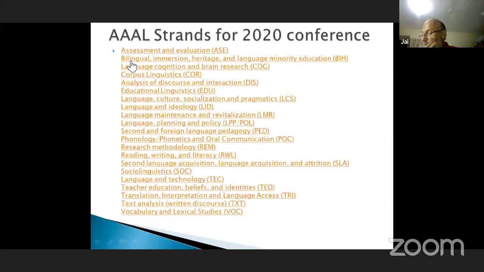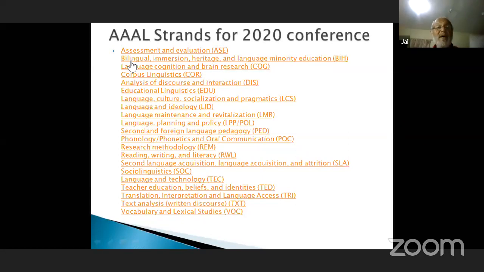And then they have what they call ASE: bilingualism, immersion, heritage, and language minority education; language, cognition and brain research; corpus linguistics; analysis of discourse and interaction; educational linguistics; language, culture, socialization and pragmatics; language and ideology; language maintenance and revitalization; language planning and policy; second and foreign language pedagogy; phonology, phonetics and oral communication; research methodology; reading, writing, and literacy; second language acquisition and attrition; sociolinguistics; language and technology; teacher education, beliefs, and identities; translation, interpretation, and language access; text analysis, that is written discourse; and vocabulary and lexical studies.